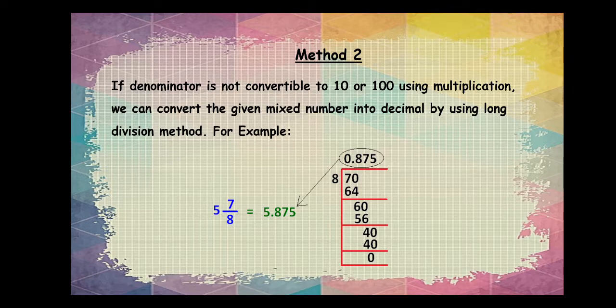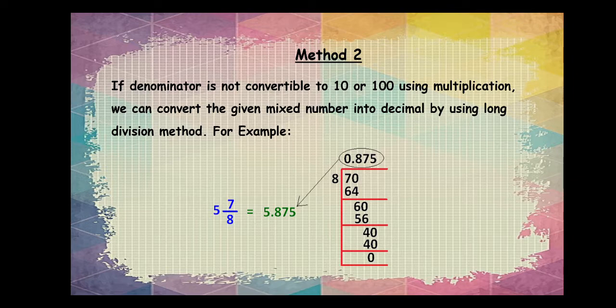In the long division form, we look at the table of 8, but 7 is not present, because 7 is smaller. So we put 0 in the quotient, and if we don't have any more digits in the dividend, we place the decimal point and put 0.